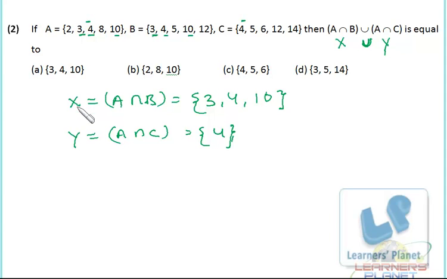Now we have to find out union of these two. So X union Y is equal to all the elements of X and Y. Now 4 is already there, so there will be just 3 elements, 3, 4 and 10. So X union Y is 3, 4 and 10. That is A intersection B union A intersection C. Okay, pretty simple.